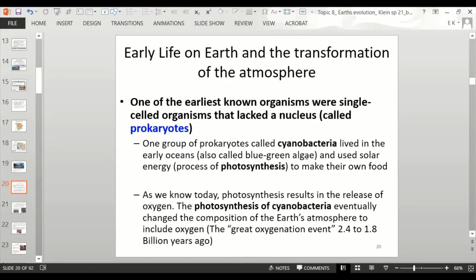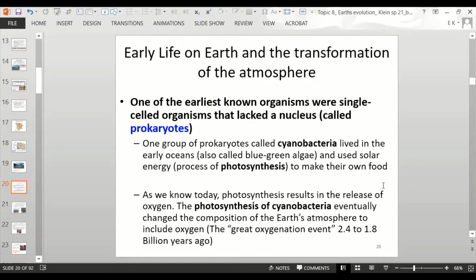They're also called blue-green algae. So they used solar energy, which is photosynthesis, to make their own food. As we know today, photosynthesis results in the release of oxygen. The photosynthesis of cyanobacteria eventually changed the composition of the Earth's atmosphere.